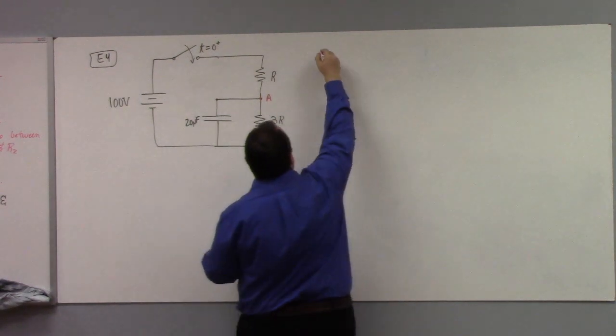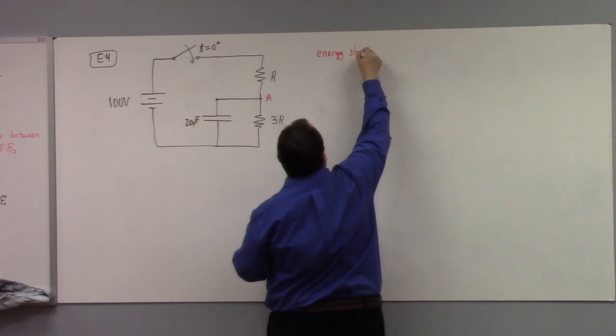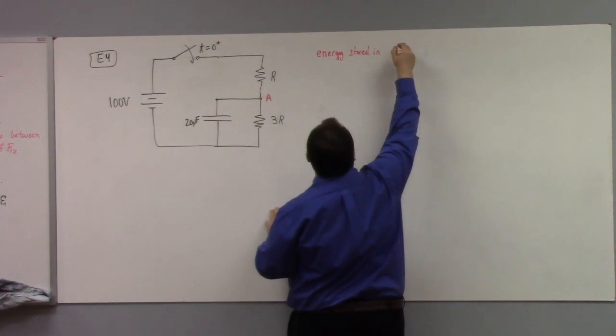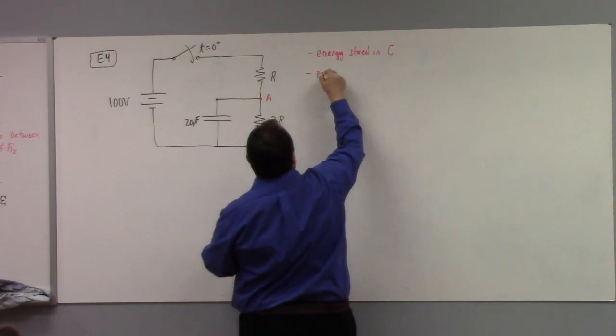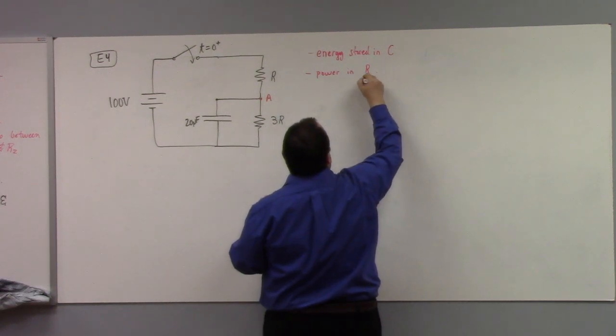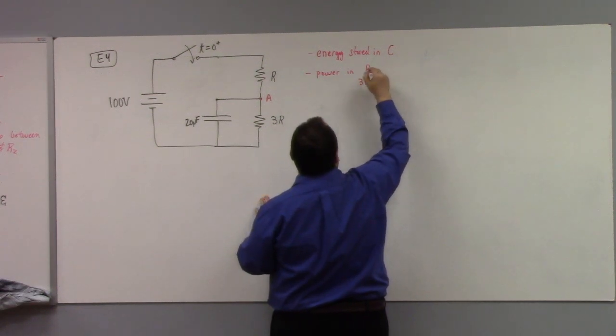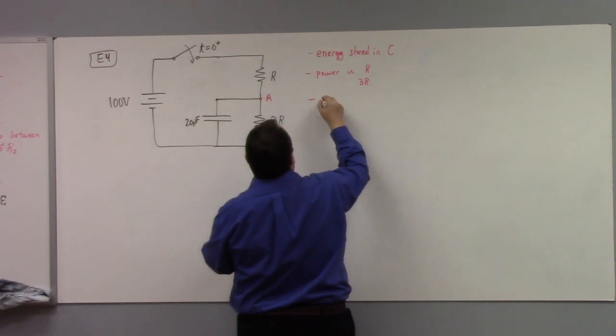So I want to know the energy stored in the capacitor. I would like to know the power in R, in 3R, right? And I'd also like to know the, what did I say?